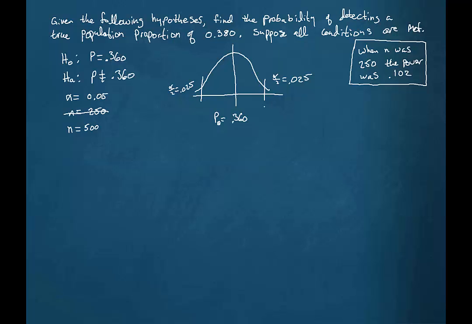Okay, so the first step is to find these critical values, or these z-values, which we already know. If we have 0.025 in each tail, that will be 1.96 and minus 1.96.